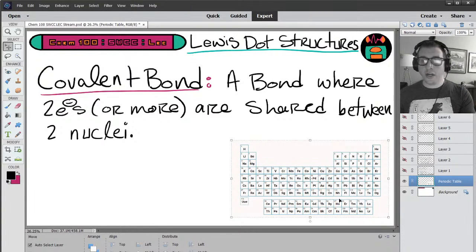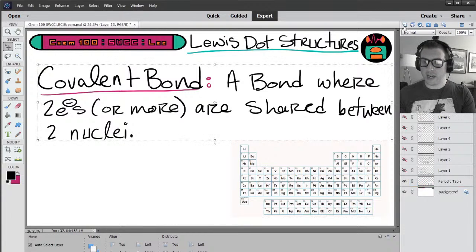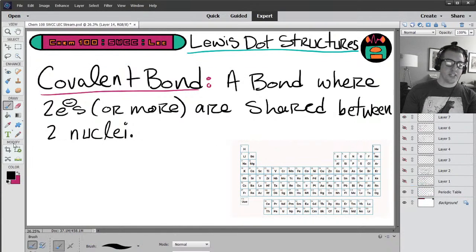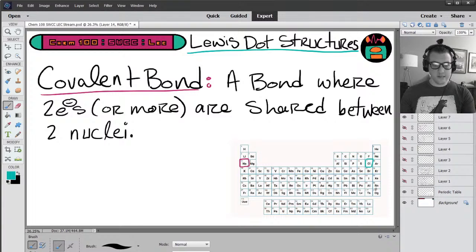Where we saw ionic bonds form, it was always between two elements where one of them wanted to lose electrons, like sodium, and the other wanted to gain, like chlorine. We also saw this play out between magnesium and bromide, for example. One wants to lose, one wants to gain.